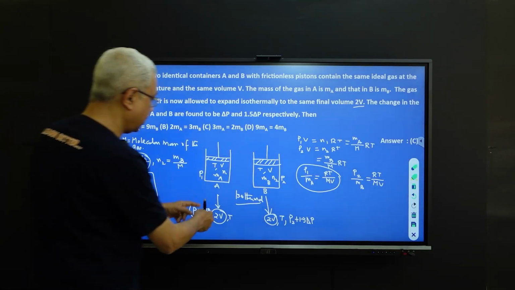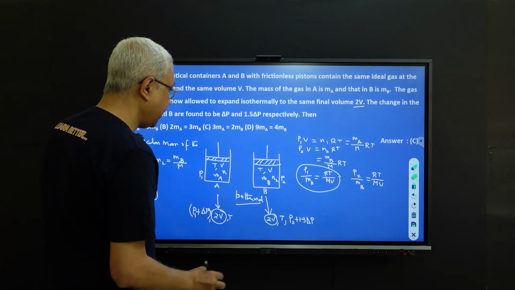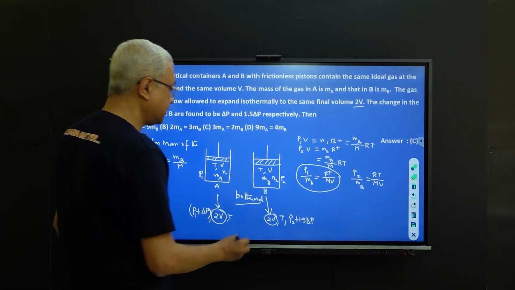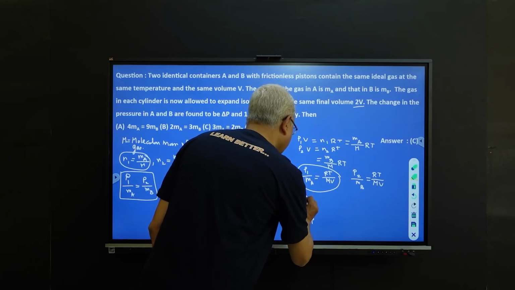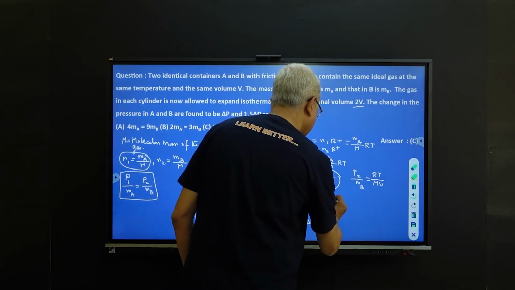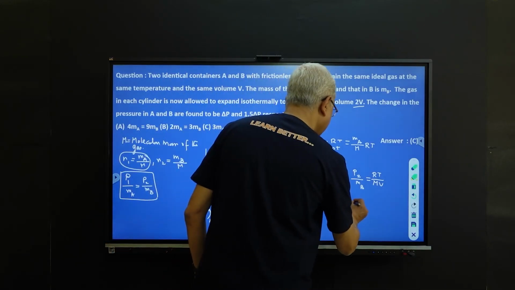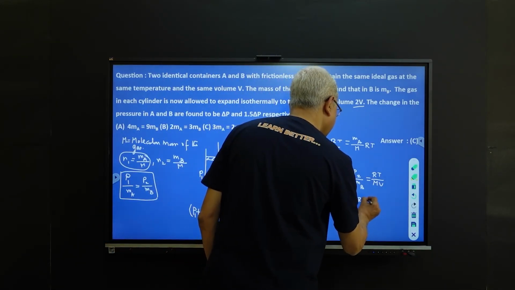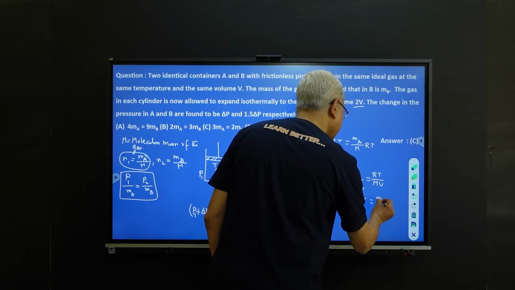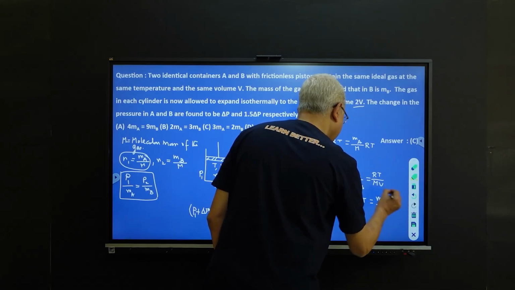Now, when it is expanded to volume 2V, again I can apply the ideal gas equation: P1 plus delta P into 2V is equal to N1 RT, and N1 is again Ma by M, so Ma by M RT.